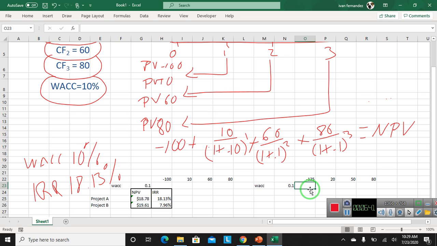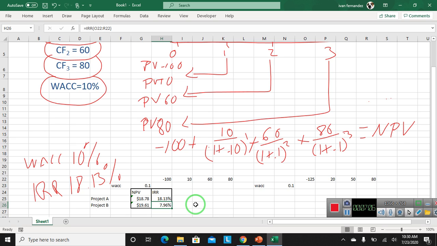Perfect. Minus 125. So instead of 100, now the outlay is negative 125. So look what happened to the IRR. Your IRR is now 7.96%, but your capital is going to cost you 10%. That's your WACC, right?